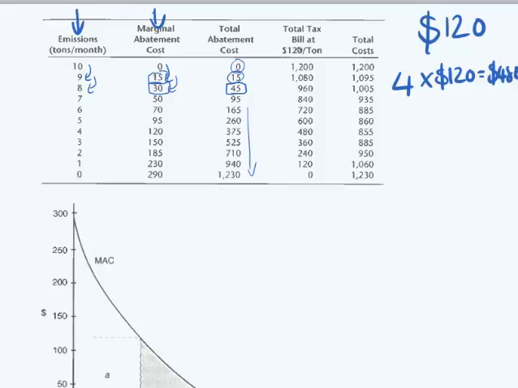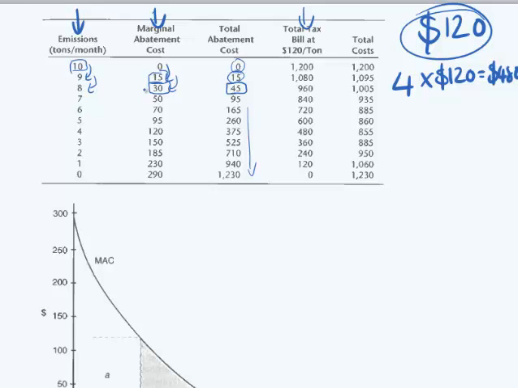And then the tax is a bit simpler. So we said it's 120 per unit I emit. If I emit 10 units, it's 10 times 120, it's $1,200. If I emit 9, it's 9 times 120, it's $1,080.